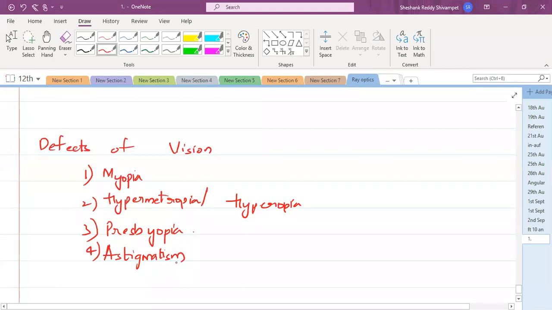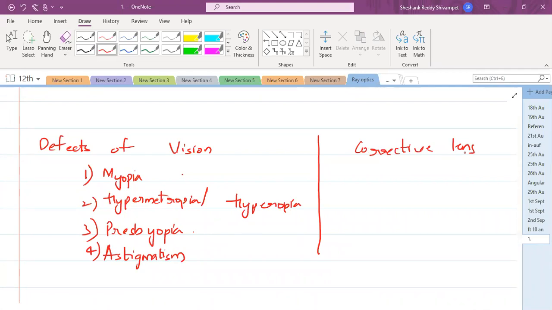Now myopia में मुझे बता दो. Myopia में which is the corrective lens used? Cataract is something else. Myopia में you use concave lens.